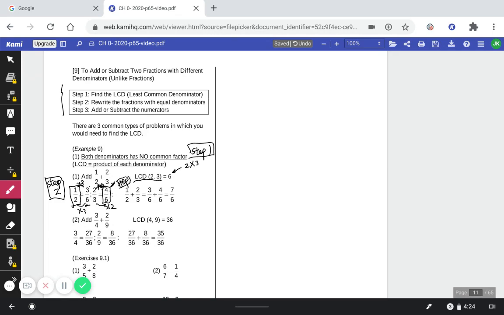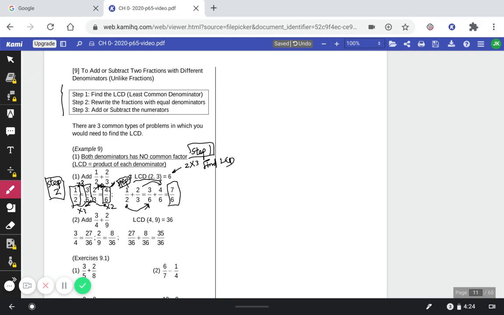Now step 3. Since both of them have an equal value in terms of 6, now you replace 1/2 with 3/6, 2/3 with 4/6, and then you add the numerators. So you end up with 7/6. Okay, so you follow these 3 steps. Step 1, find the LCD.